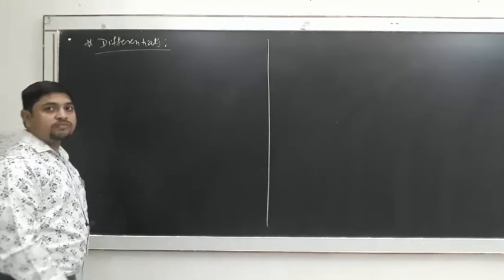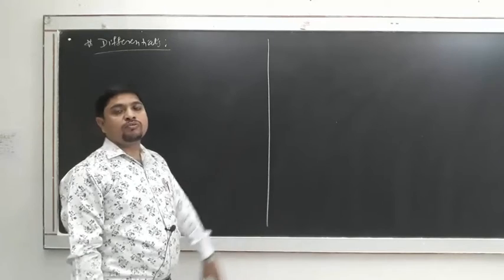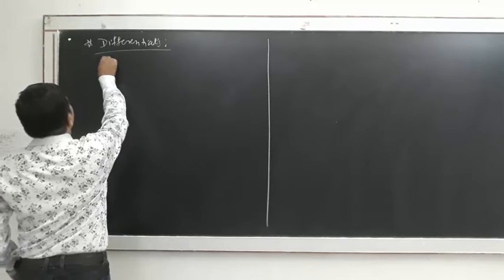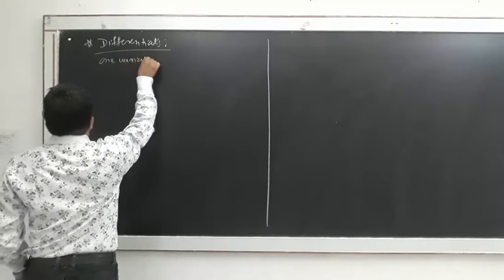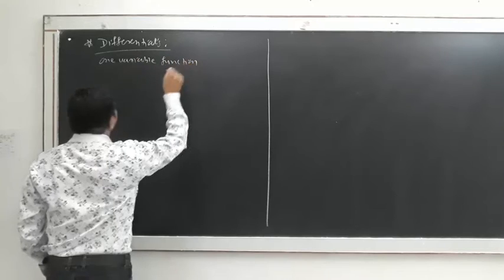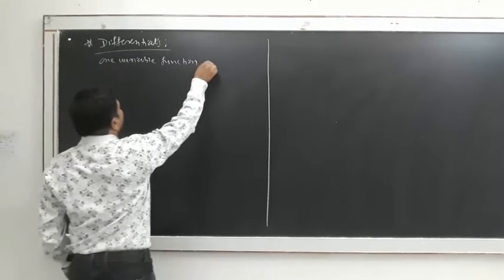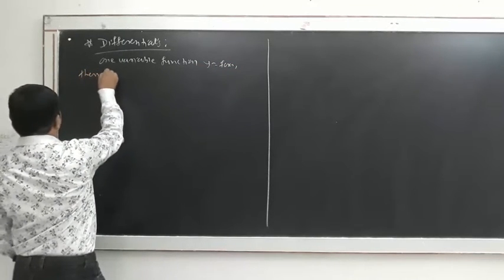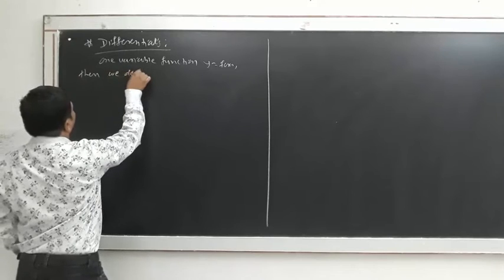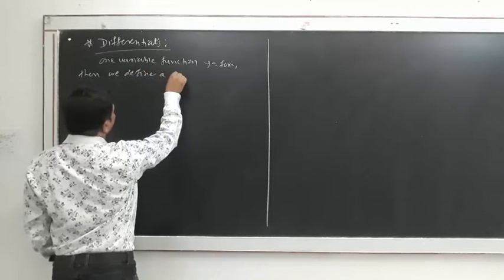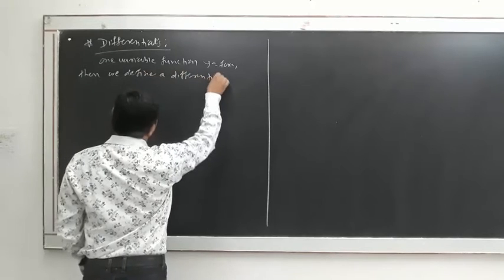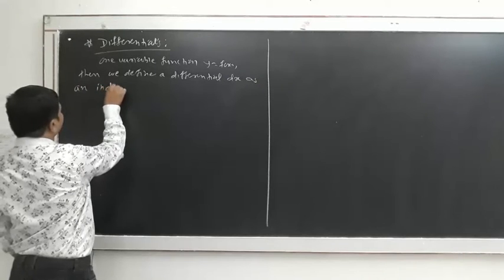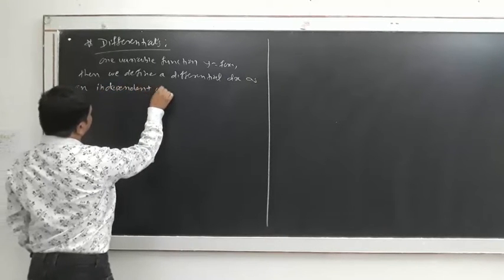First we discuss the differential for the one variable function, and then we go for the two variable function. Suppose we have a one variable function y is equal to f of x. Then we define a differential. dx as an independent variable.